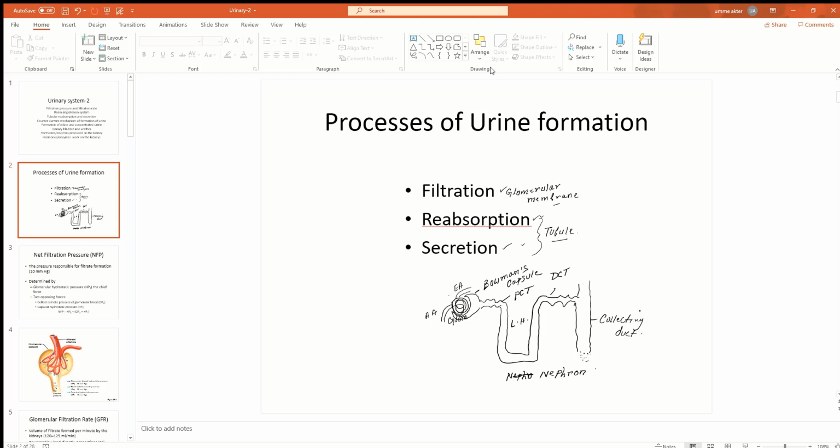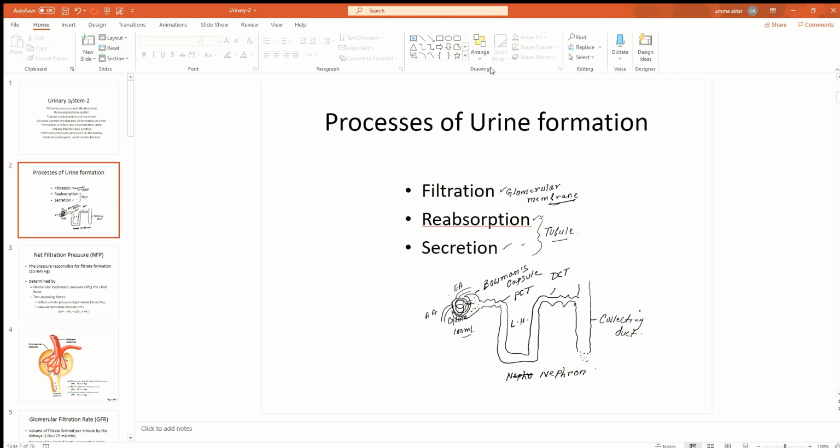So I told you in last class, if 100 milliliter fluid is filtered here, that means after filtration through the wall of the glomerulus and Bowman's capsule, this is the filtration membrane, right, formed by the capillary wall and Bowman's capsule.